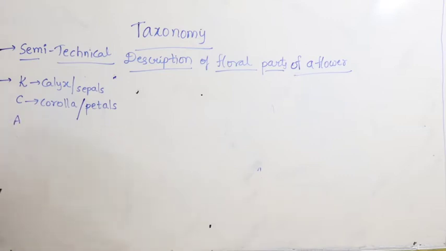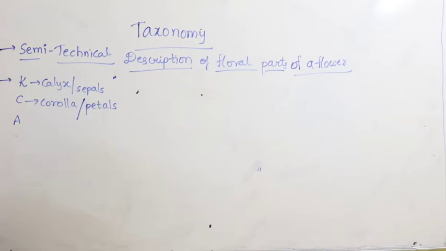Main floral characteristics I am writing because last class we discussed already very clearly that BR is bracteate, EBR is E bracteate. Whenever E is there, bracts are absent. BR means bracteate. What is bracteate condition? Flower with bracts. What is EBR? E bracteate means flower without bract.